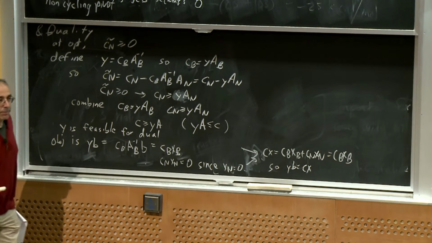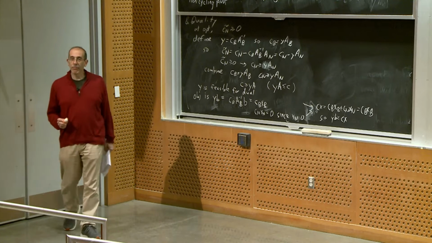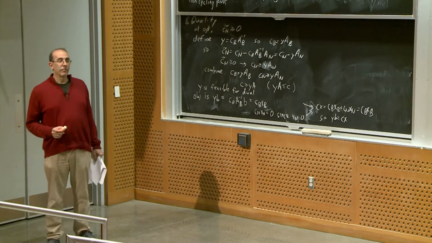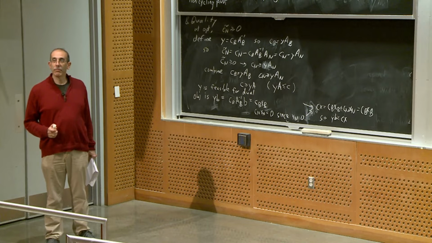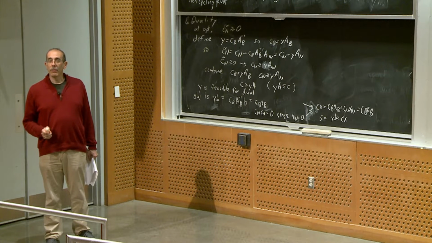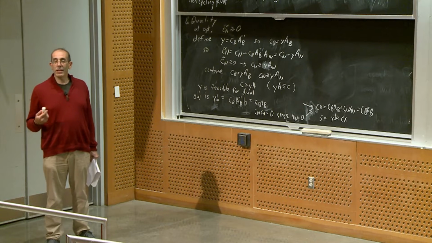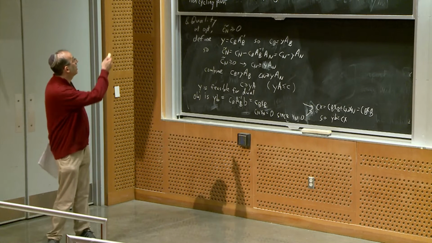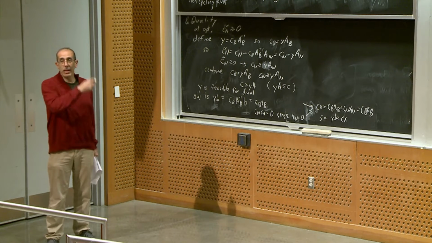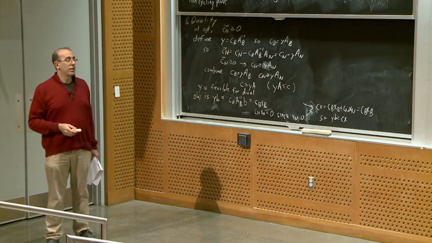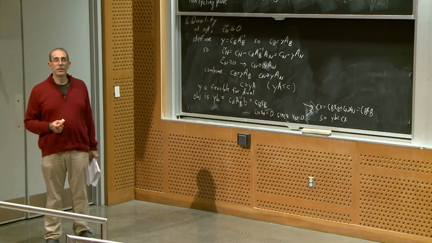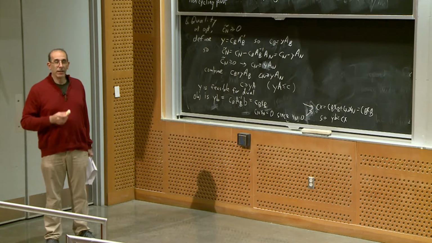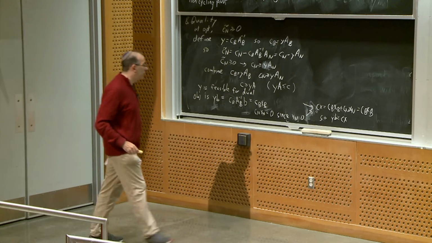What does that mean? Again, we started this process when we're at the optimum of the primal. We've said CX is optimum. So what does it mean when CX equals yb? Yeah, it means y is dual optimal.